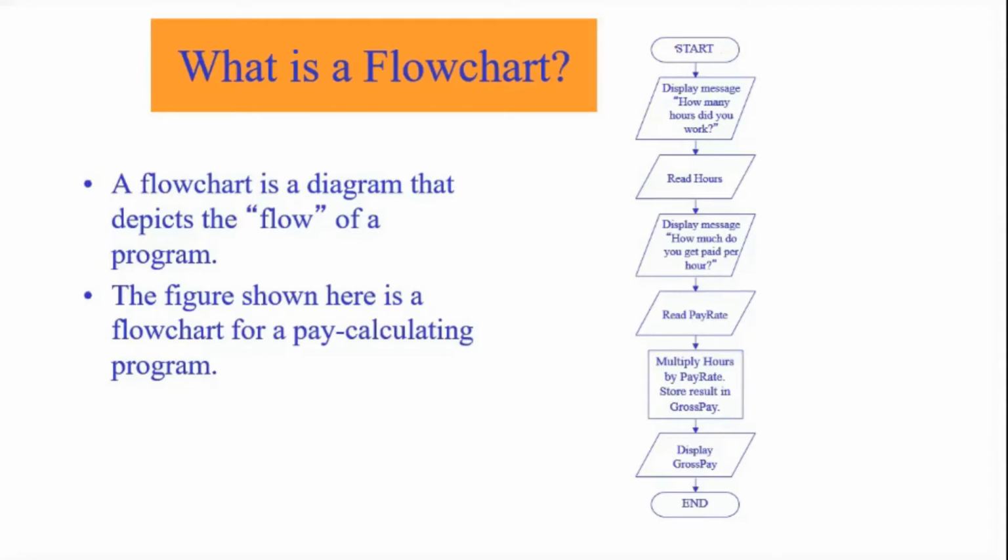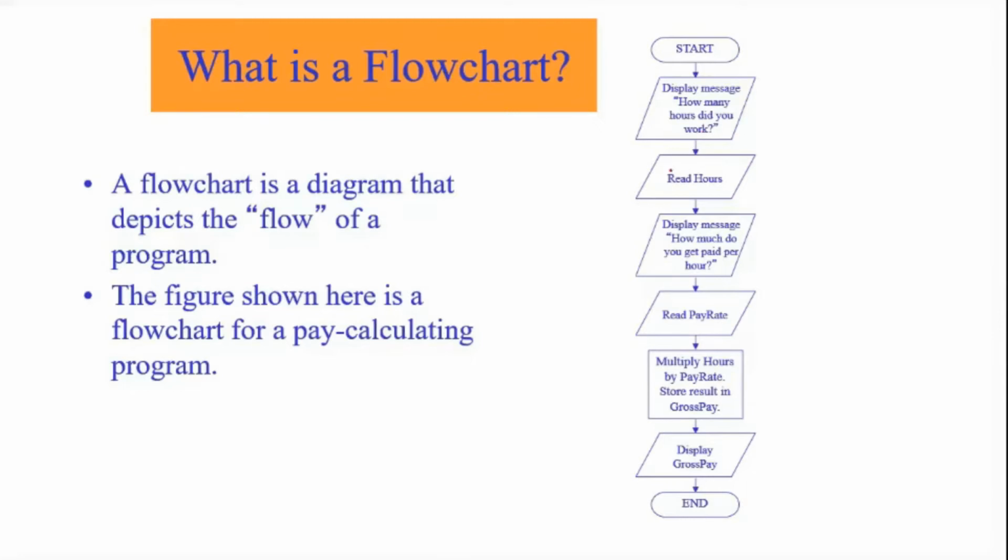Here in an oval, it is written as start. That is, the program is starting. Then in a parallelogram, it says display message, how many hours did you work? Once the program starts, it displays that message.